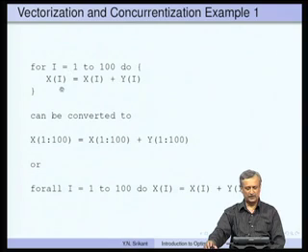So, with I equal to 1 it is x 1 equal to x 1 plus y 1, with I equal to 2 it is x 2 equal to x 2 plus y 2, and so on and so forth. So, it is possible to run every iteration of this particular loop in parallel.